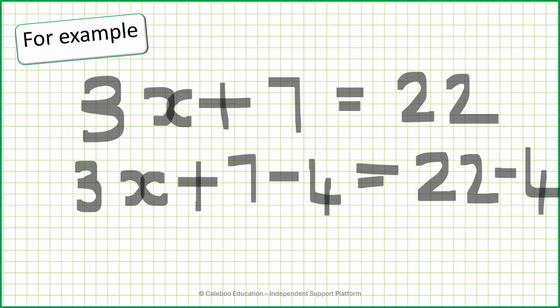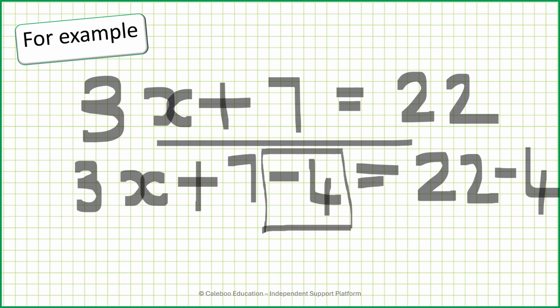For example, 3x plus 7 is equal to 22. Now, if I subtract 4 on the left-hand side, I must do the same on the right-hand side. And then this equation will still be equal. So rule number 1, what I do to the left-hand side, I must do to the right-hand side.